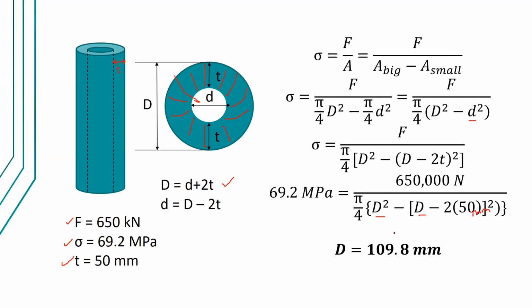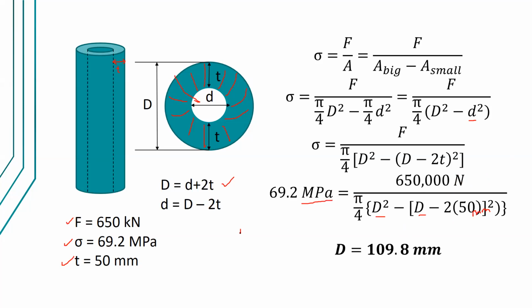Okay, just some comment about the units used here. I use a unit of Newton for the force and millimeter or square millimeter for the area. So would it be consistent with the megapascal unit here?